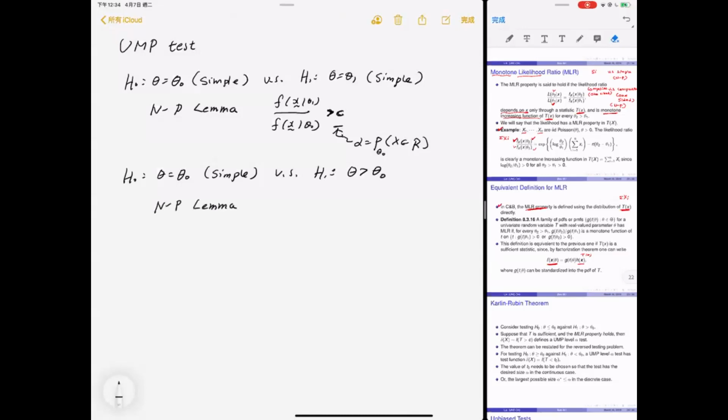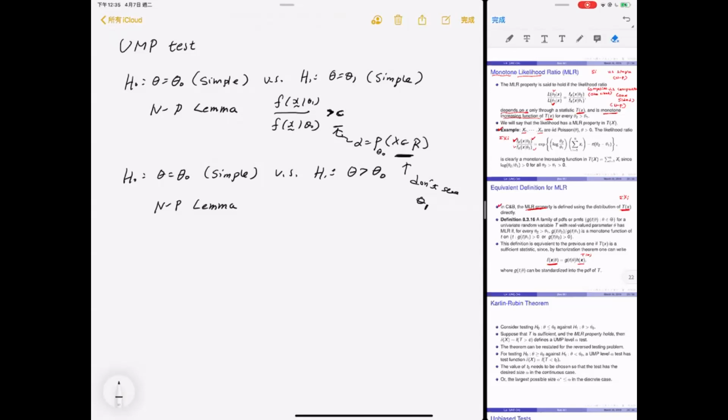The reason for that is this rejection region right here. You don't see theta 1. Again, in the frequentist approach, we are only protecting type I error. Every critical region is constructed based on type I error probabilities. It has nothing to do with your alternative space.